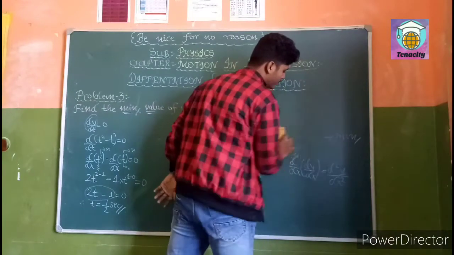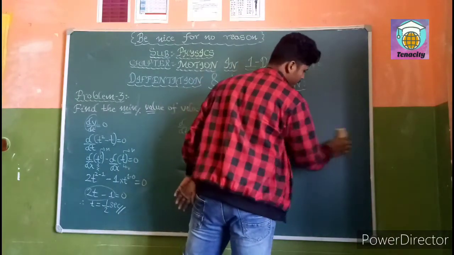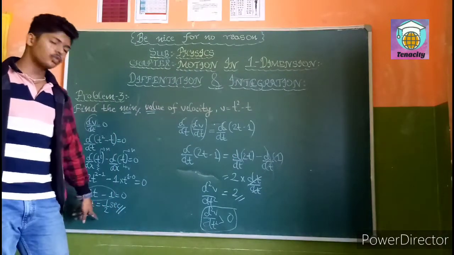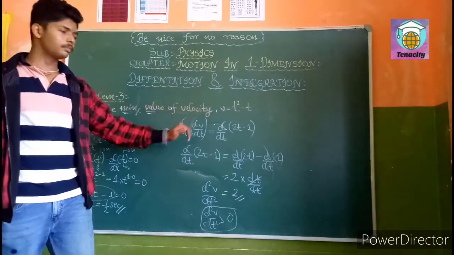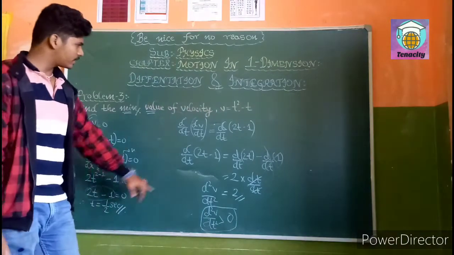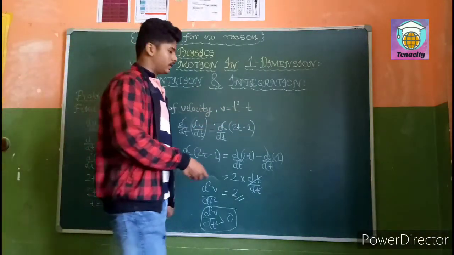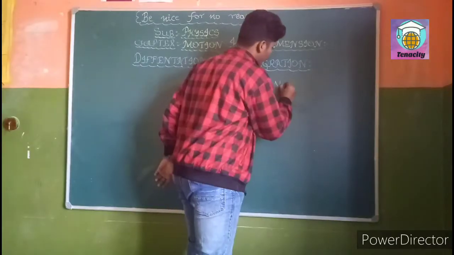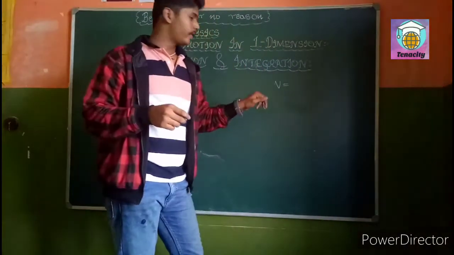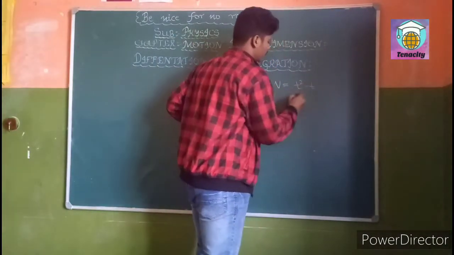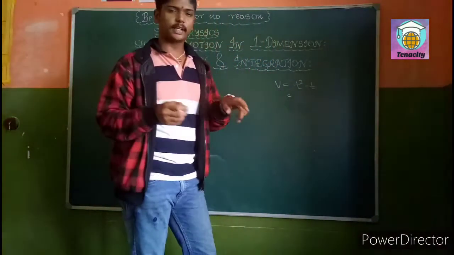So now we know all this condition. Now the question they have asked is the minimum value of velocity. As we confirmed that at t is equal to 1 by 2 second the velocity is minimum, we can substitute this 1 by 2 second here and take out the minimum velocity. So v is equal to t square minus t. We have t to be half second.